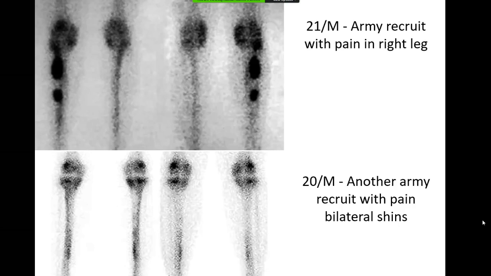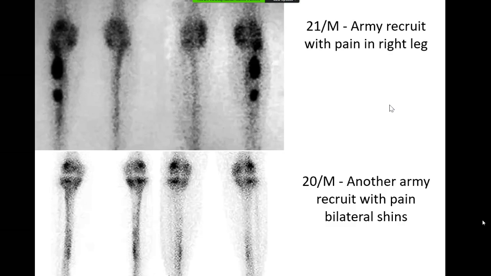Okay. So there's a question: how can we differentiate these fractures from shin splints? Shin splint is a clinical diagnosis. And generally, the bone scan would largely be unremarkable. If you are doing a 3-phase bone scan, you may see some uptake in the soft tissue phase, but generally on a delayed phase you don't tend to see any increased uptake.